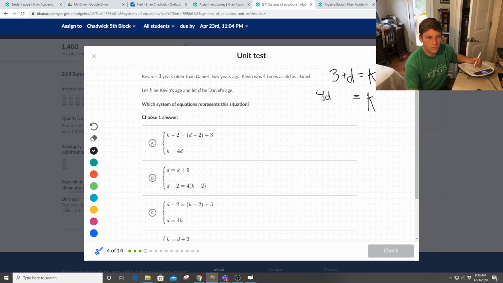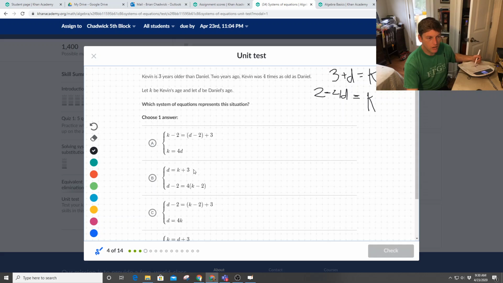So do 2 minus 4D. All right, and I'm going to clean that up a little bit. So 2 years ago, Kevin was 4 times as old. So if we got rid of that, we could say Kevin is 4 times as old.